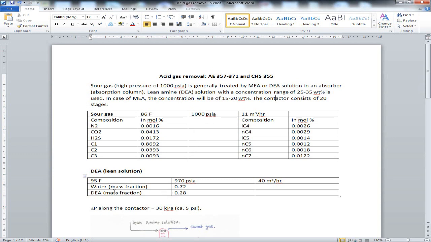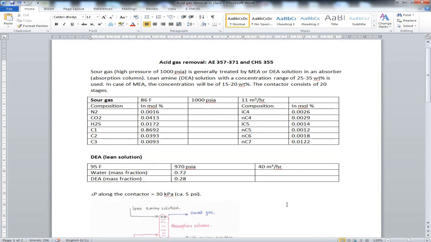The solution here will have DEA in mass fraction about 28%, which is in this range. According to the volumetric flow rate, comparing between the DEA and sour gas, the mole ratio of DEA to sour gas will be about 10 times.